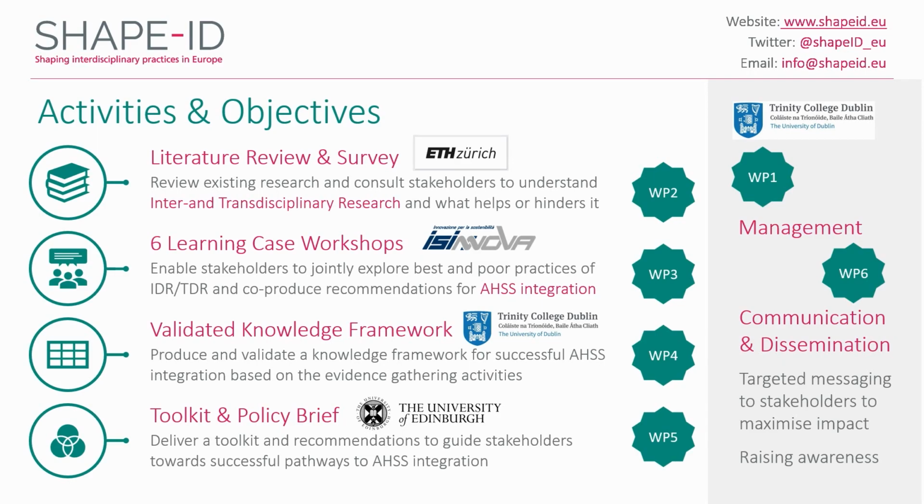We did a big literature review and a survey of Horizon 2020 funded researchers working on interdisciplinary projects. We organised 6 learning case workshops, 3 in person and 3 online, because half the project took place during COVID. We created a validated knowledge framework, and then the final and most important output was a toolkit and an associated policy brief.